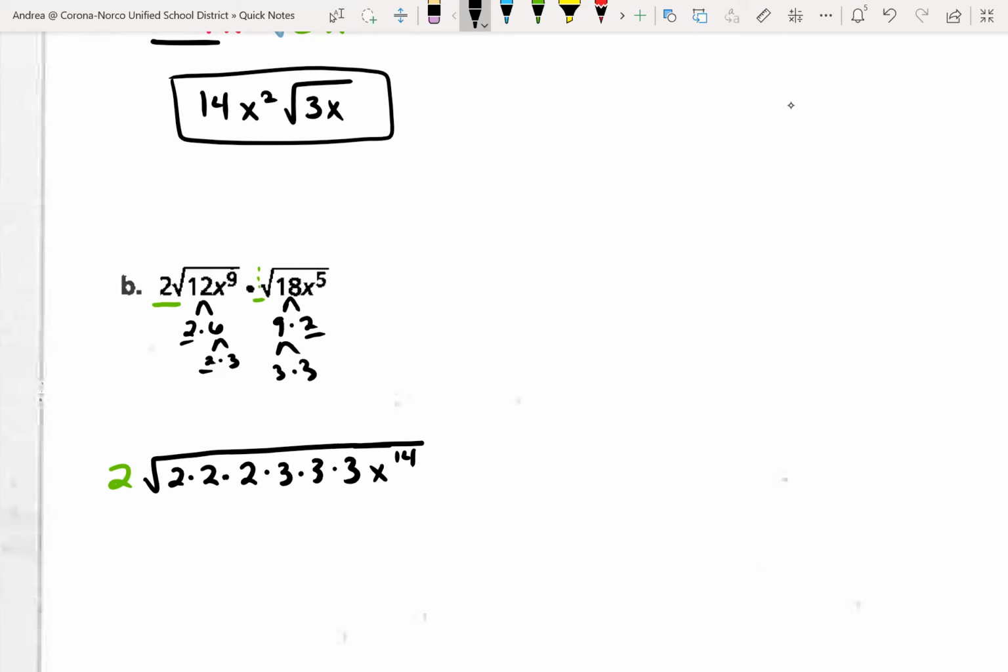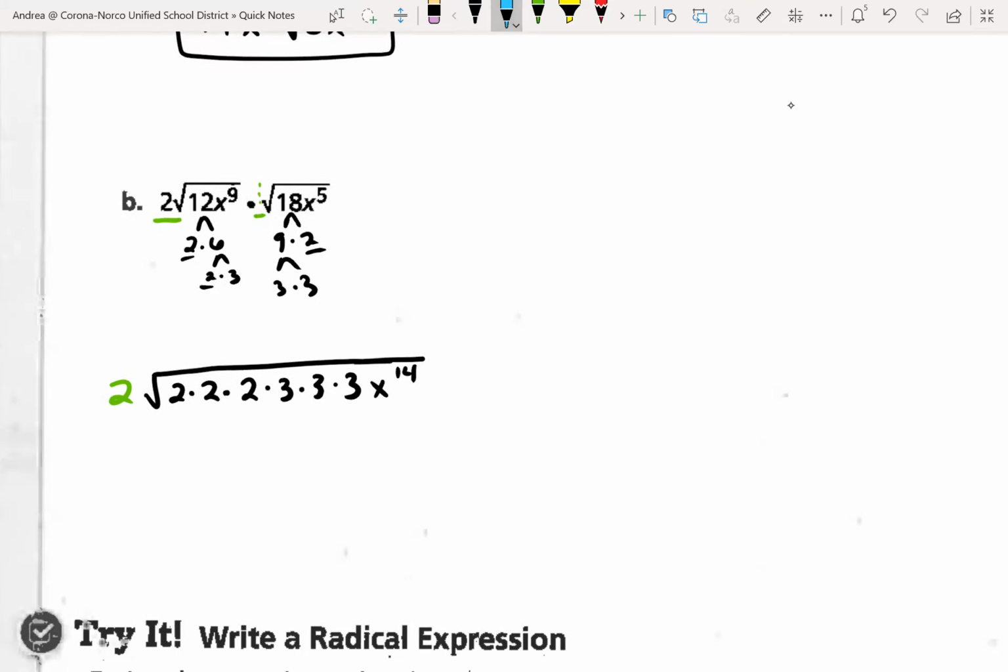Okay, let's see how we did. I have a pair of 2s and another pair of 3s that move on to the outside. So that'll give me 2 times 2 times 3. Then I divide the 14 by 2. And 14 divided by 2 is x to the 7th.